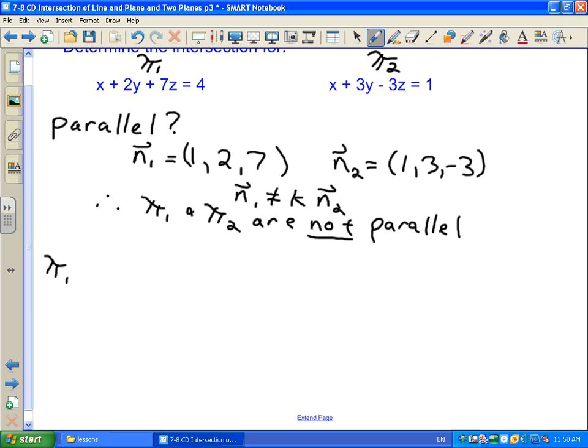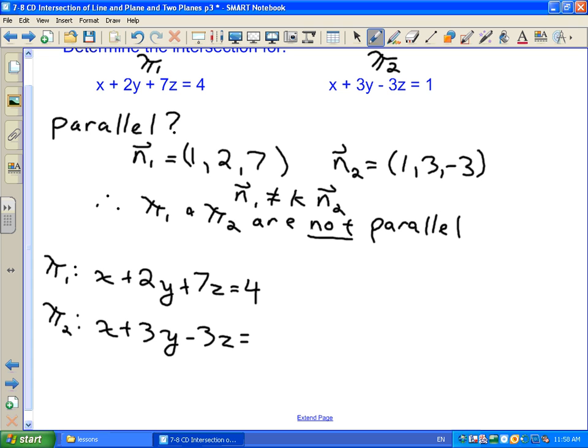So equation 1 is x plus 2y plus 7z equals 4. And plane 2 is x plus 3y minus 3z equals 1. What we want to try to do is solve this system.